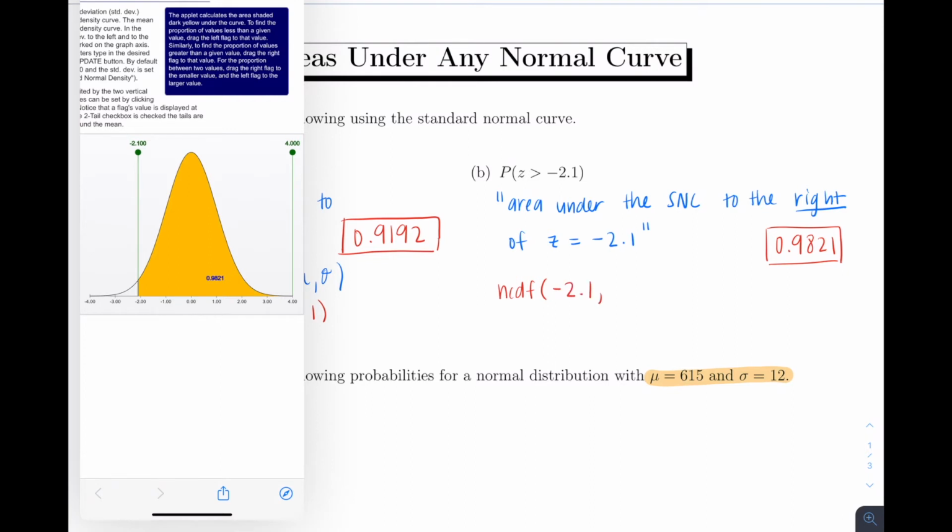And you can see the maximum on the graph is 4, but again, I'm going to use positive 100,000. That way, if I'm not using the applet, I don't have to think about what the maximum value is going to be, right? 100,000 is a safe bet. And then I'm going to put in my mean and my standard deviation again. And when you do this, you do get the same area.